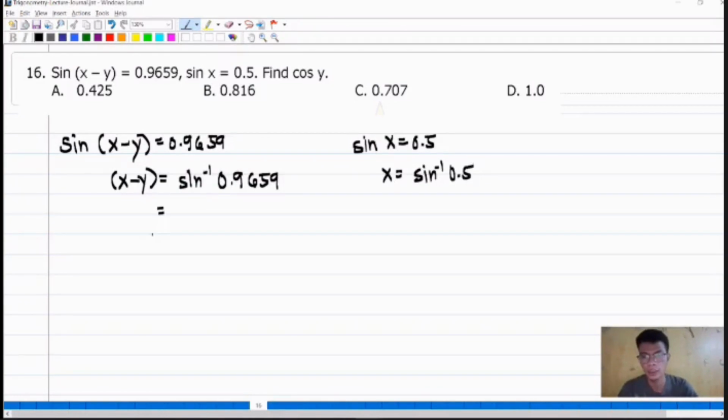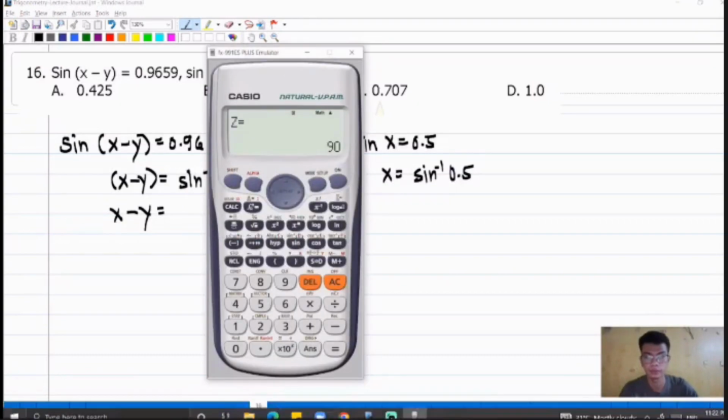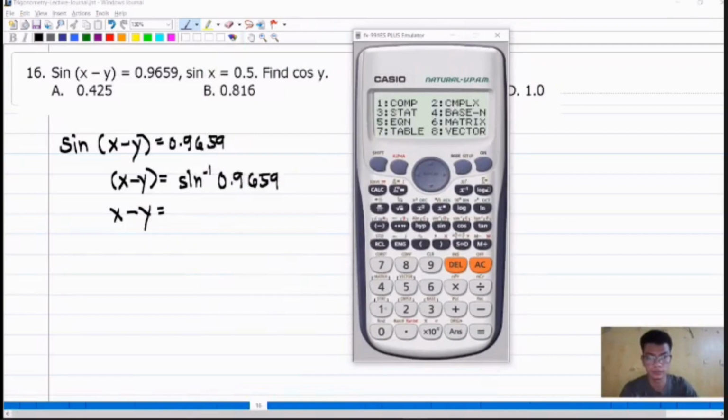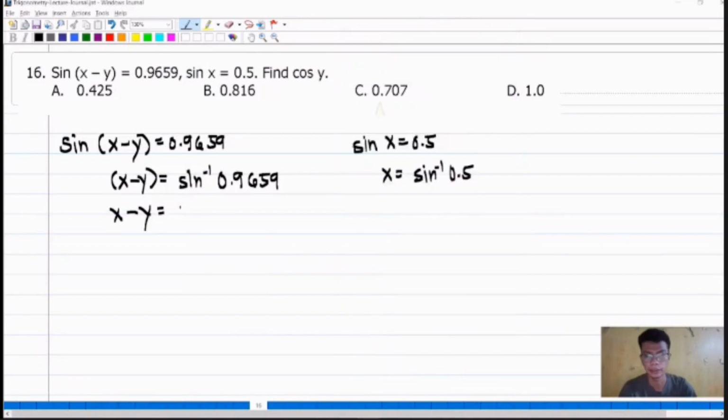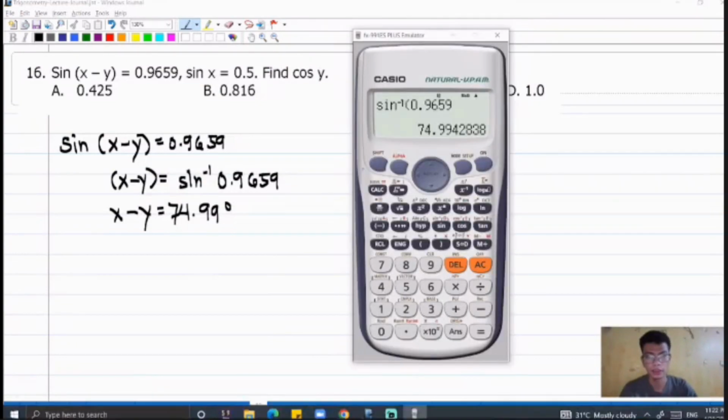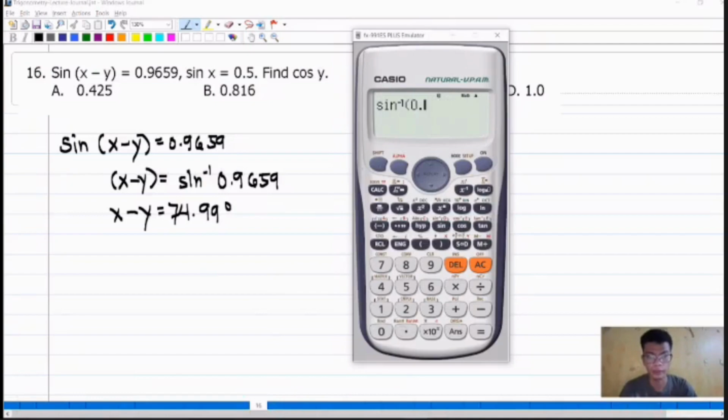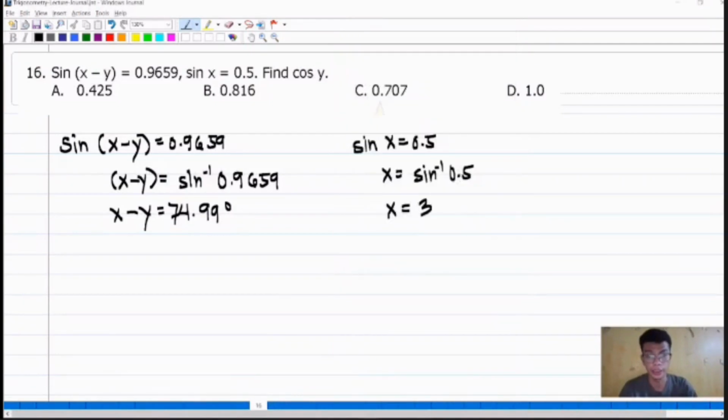So, dito, makukuha natin yung value ni x minus y, and that is the arc sine of 0.9659, and this is equal to 74.99 degrees, while the value of x naman is the arc sine of 0.5, which is equal to 30 degrees.